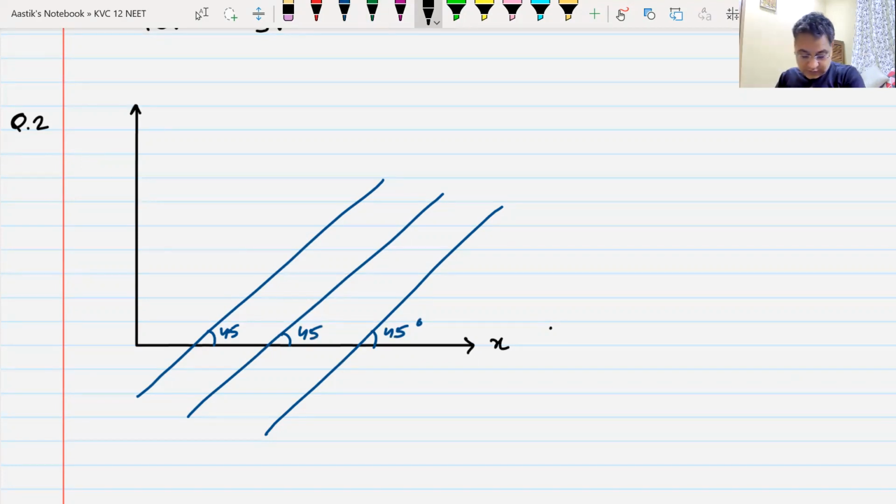This equipotential surface is a 5-volt surface. This is an 8-volt surface, and this is an 11-volt surface. And this distance is given as 2 meters between this point and this point.